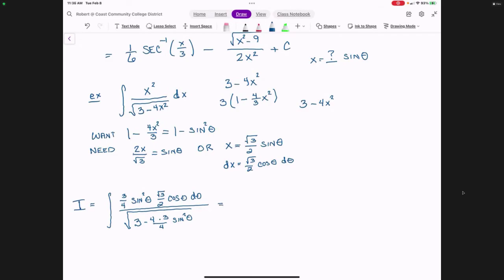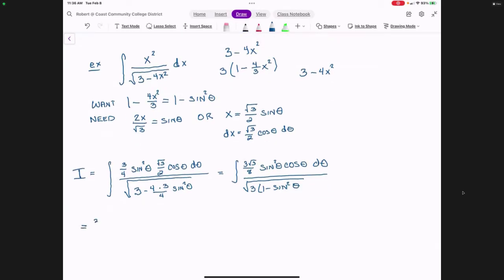I'm gonna get 3 radical 3 over 8 sine squared theta cosine theta d theta divided by 3 times 1 minus sine squared theta.